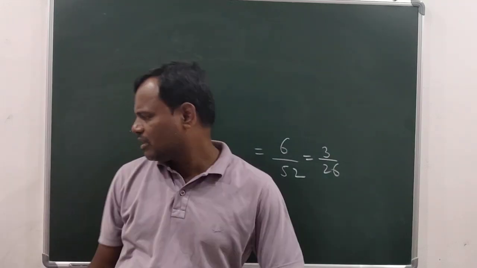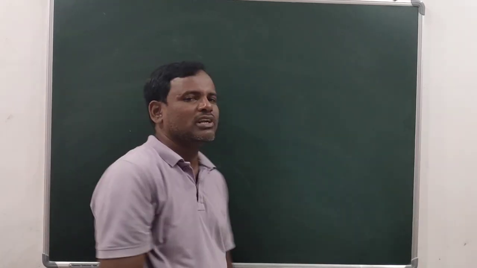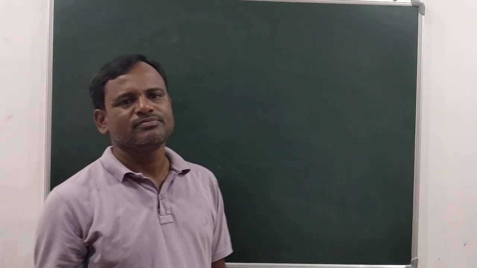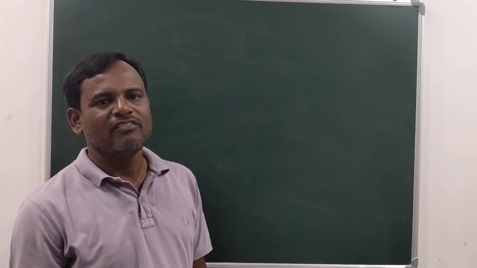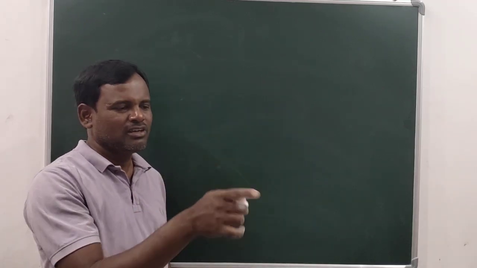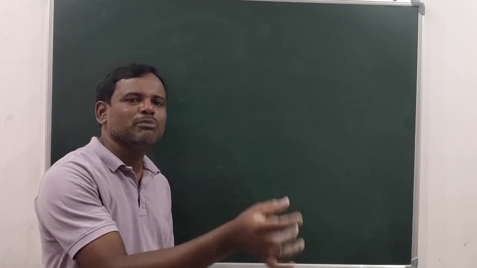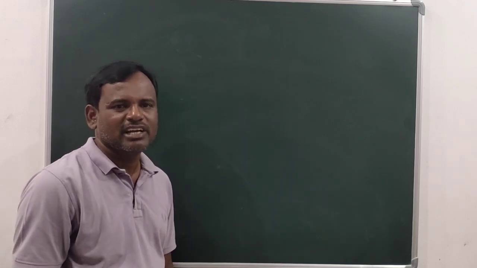Like this many questions can arise. See one more question. What is the probability of getting a doublet when you throw 2 dice on the floor? A doublet means 2 dice you have thrown, so whichever outcome comes on the first one, the same outcome should appear on the second one.